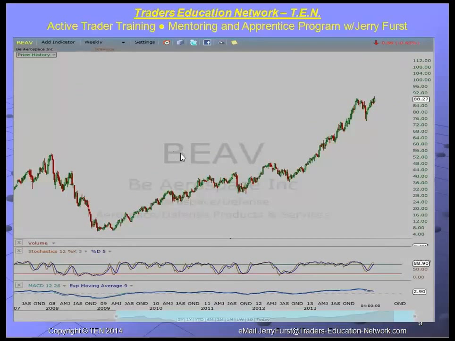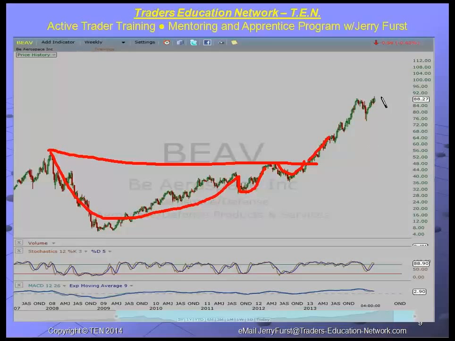How about BEAV, B/E Aerospace? Can you identify the high probability chart pattern at the right edge over here? For those of you who took the course, there's a lot of data here, and you can see you've got this cup and handle pattern that worked quite nicely once price broke above this second pivot point, and now it's gone up.